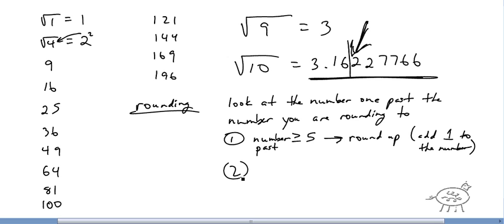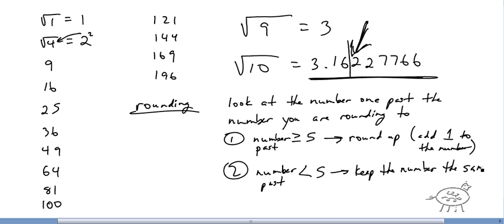Okay, and if the number past is less than 5, which is basically 0, 1, 2, 3, or 4, that means you keep the number the same. Okay? So you always look past that number, and that's how you make your decision.